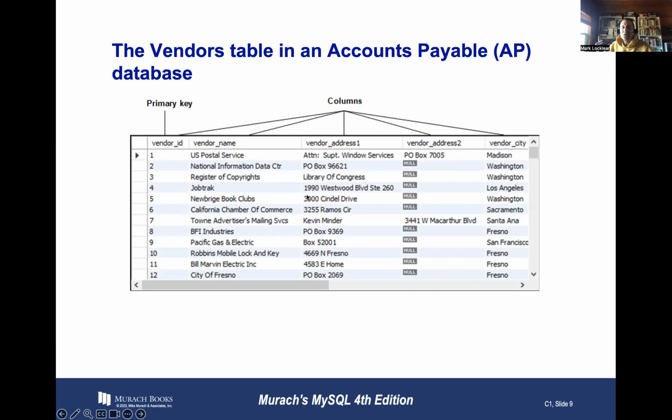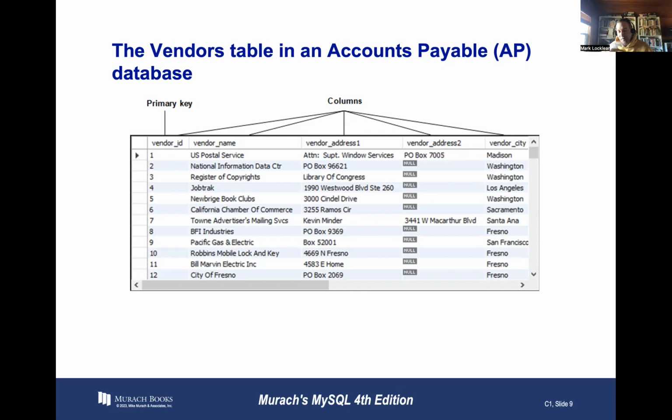If I'm wanting to retrieve data from a database about a vendor named U.S. Postal Service, I need to make a specific call to a specific row in a specific database table. And in this case, row 1, or vendor ID 1, is going to uniquely identify U.S.